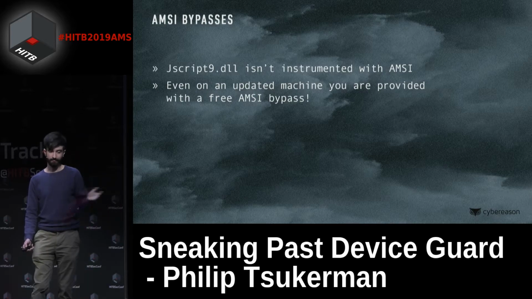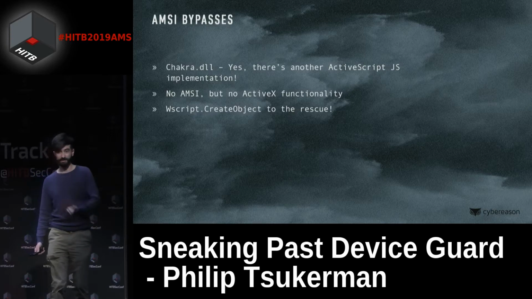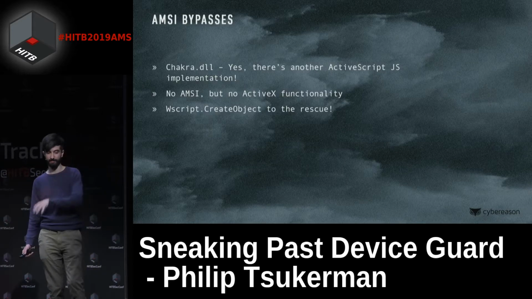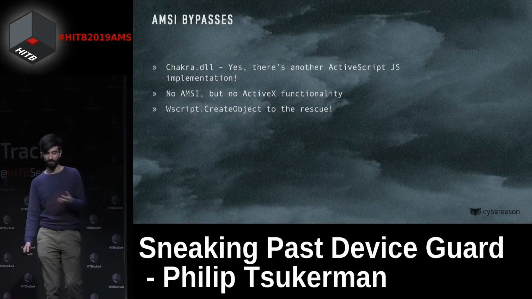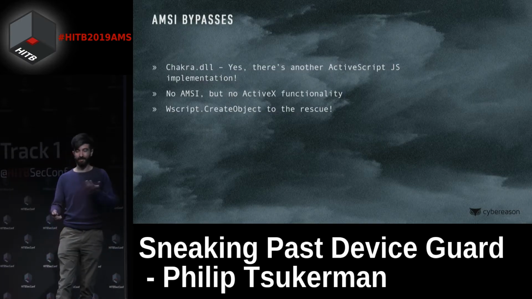And there's actually another JavaScript implementation in Windows which exists natively and is compliant with ActiveScript called chakra.dll. And it also has no AMSI, but it also has no ActiveX functionality, meaning that, well, if I can create COM objects, then everything's fine.